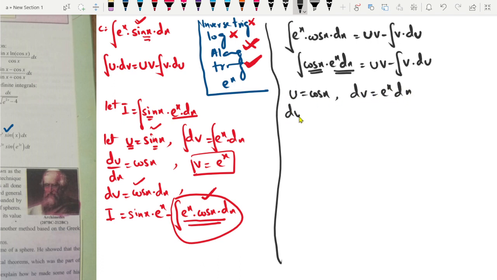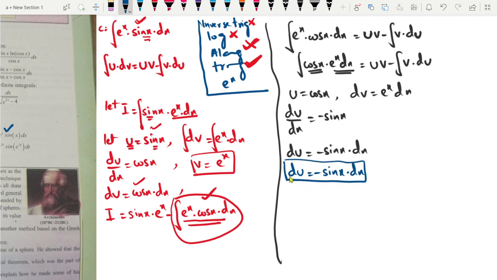Taking the derivative, du/dx is equal to minus sin x, so du is equal to minus sin x dx. I only need du equal to minus sin x dx. Taking the integral on both sides, v is equal to e^x.